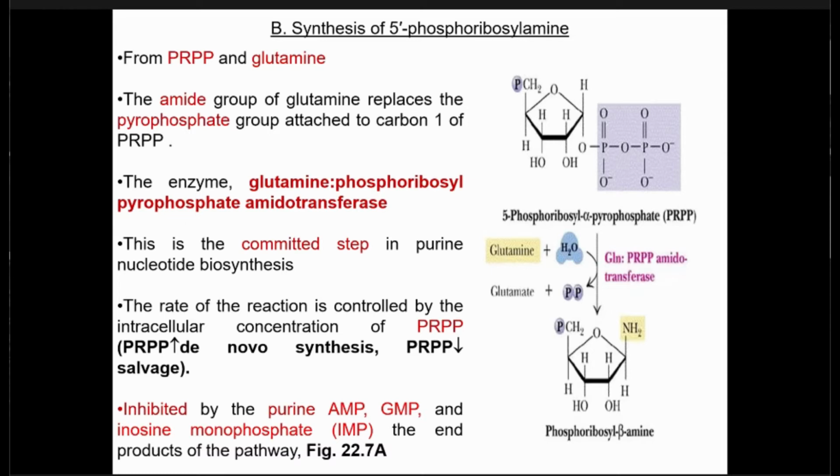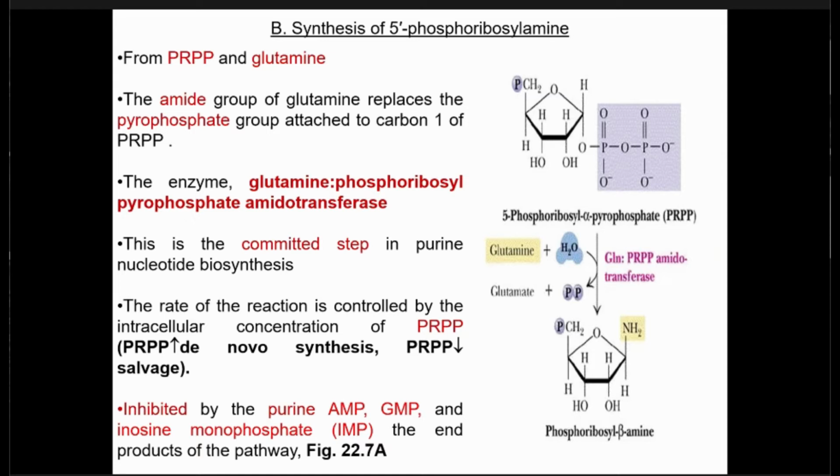I repeat, if the PRPP is high, you start de novo synthesis. If the PRPP is low, you have to salvage. So if they ask you when the de novo synthesis starts, you say when the PRPP is high, and if they ask which reaction will follow when the PRPP is low, you say it is the salvage.